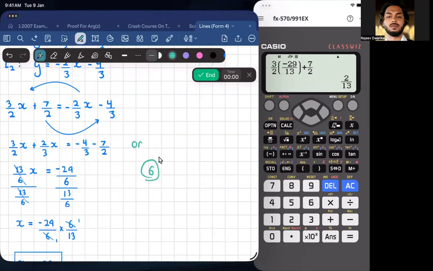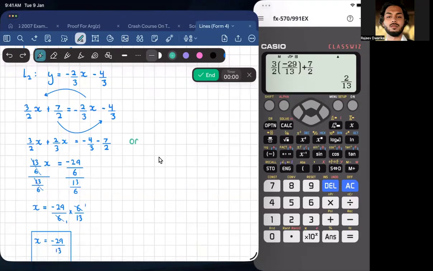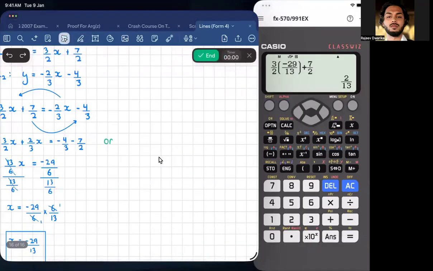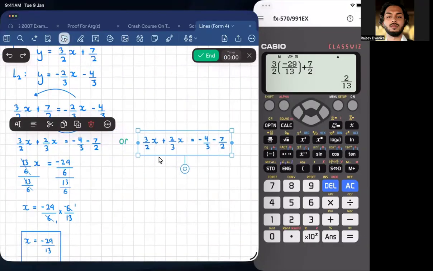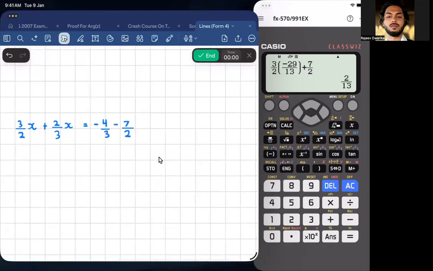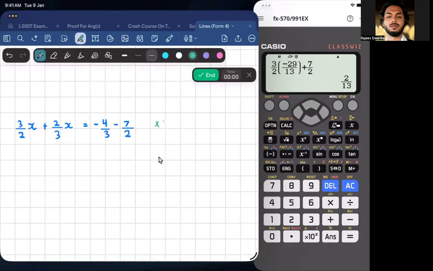Isn't 6 a multiple of 2 and 3? Yes, sir. Right. So 6. What you can do is just multiply the entire thing throughout by 6. If I do that, what am I going to get?